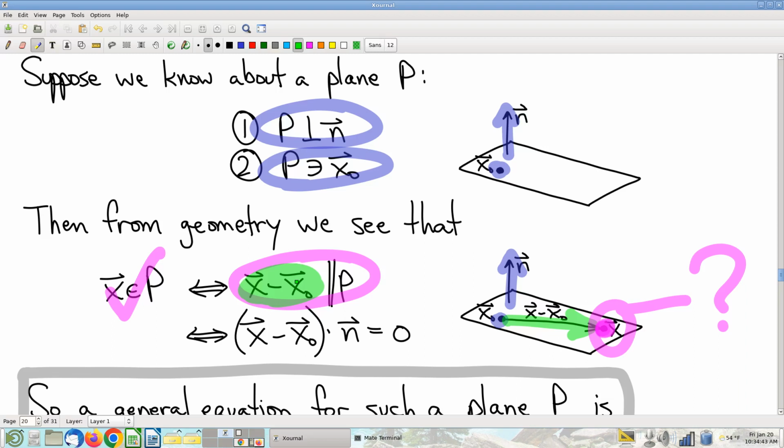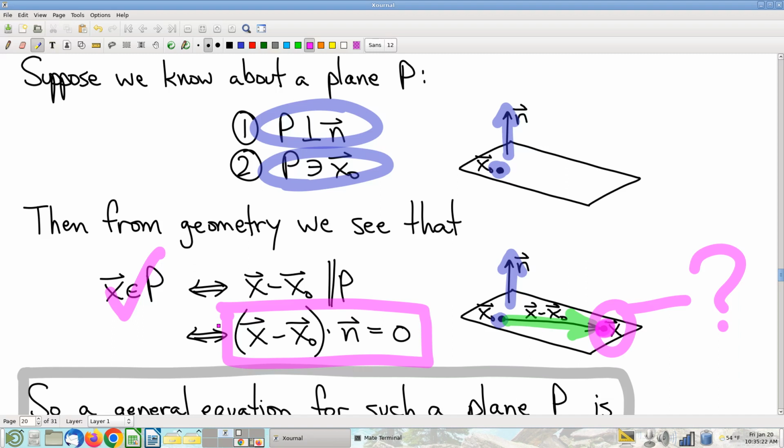Now it's geometric and not particularly immediately useful because we don't have an immediate test for is a vector parallel to a plane, right? But being parallel to the plane, I argue, means that it's also perpendicular to the normal vector. And if it's perpendicular to the normal vector, then the dot product is 0 here. And that's an algebraic test, right? So starting off with a geometric argument, we translate it into an algebraic argument.